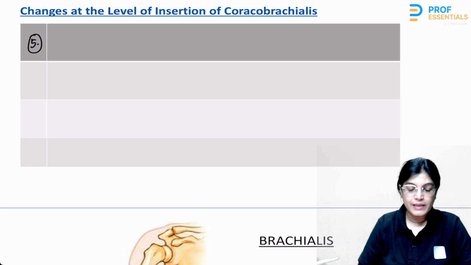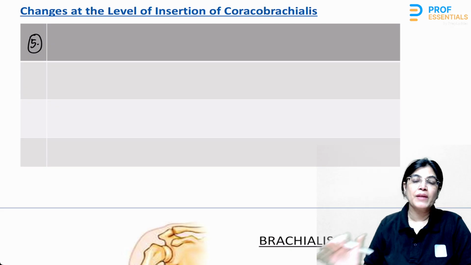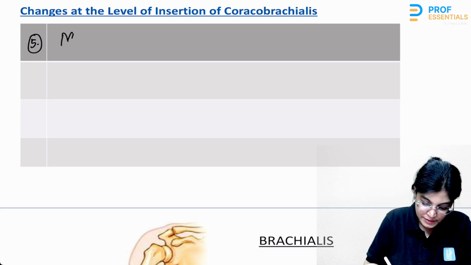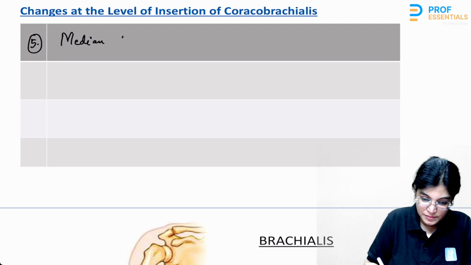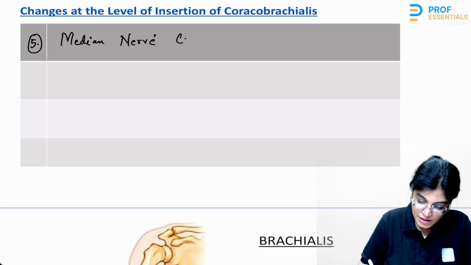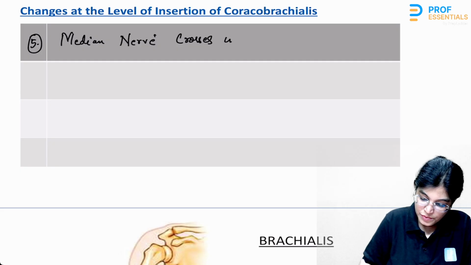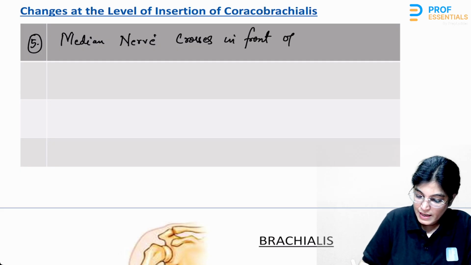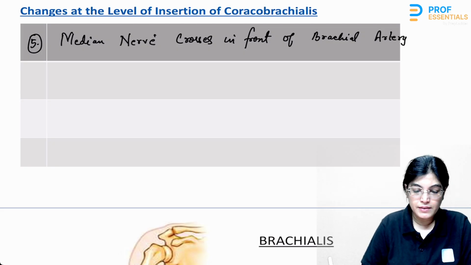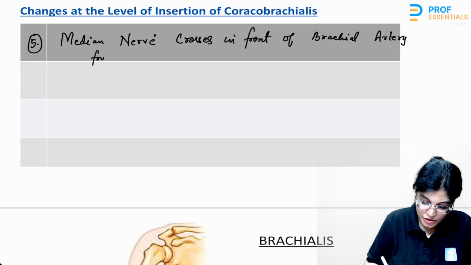So this is the directional change of the median nerve which happens at the level of insertion of the coracobrachialis muscle. So the median nerve crosses in front of the brachial artery from lateral to medial side.